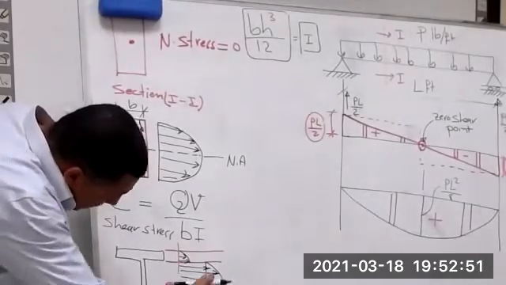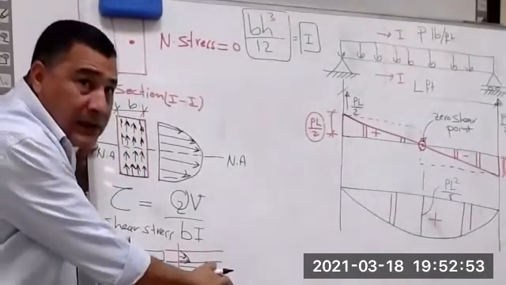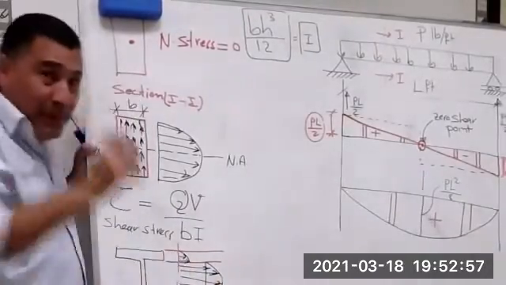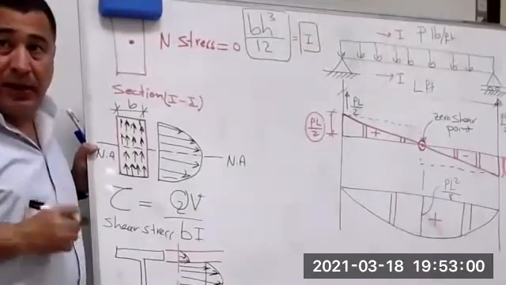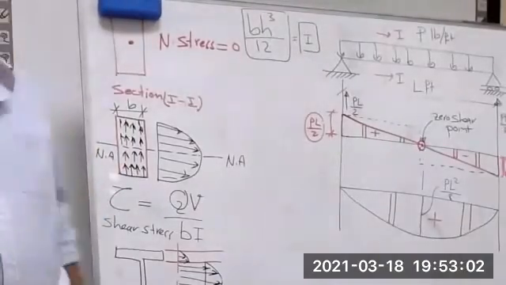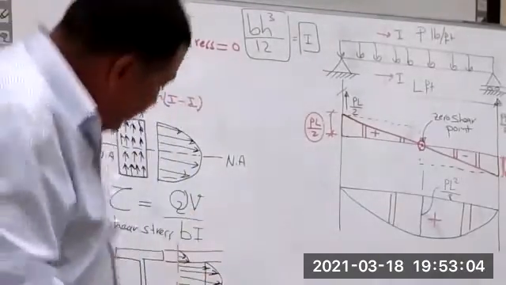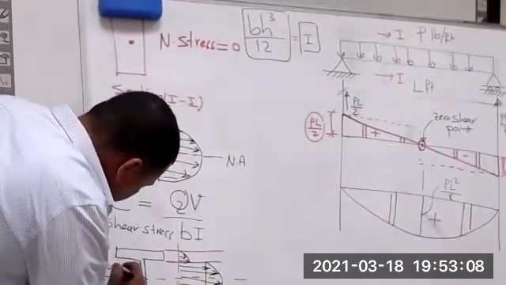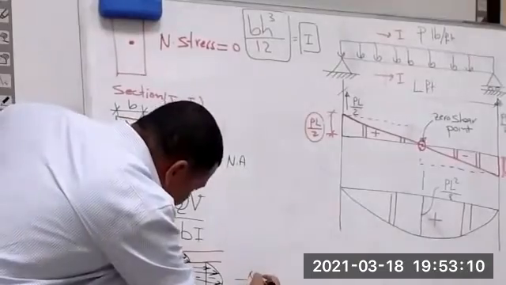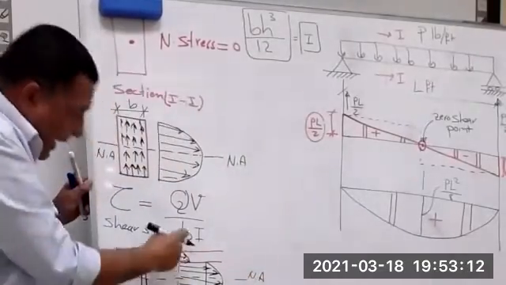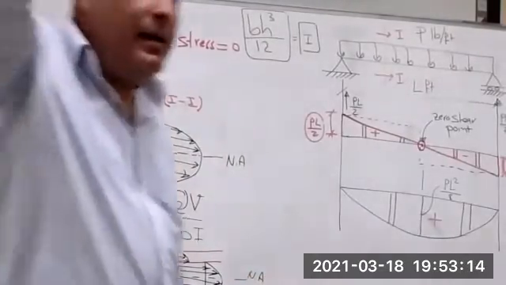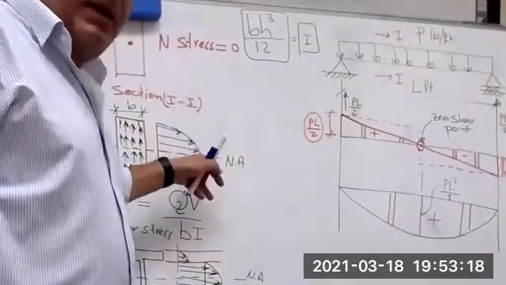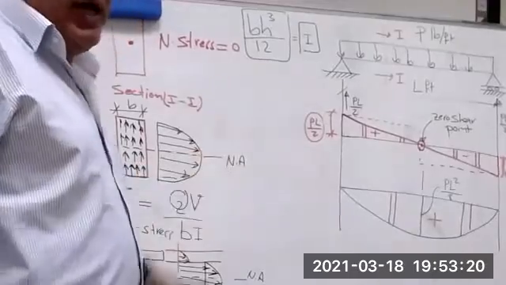In the web, take all the stresses. In the flange, it takes only a little bit of shear stress value, correct? From the figure itself, you found that this is the neutral axis. Start from 0, end at 0. The shear stress in the section is maximum at the neutral axis.